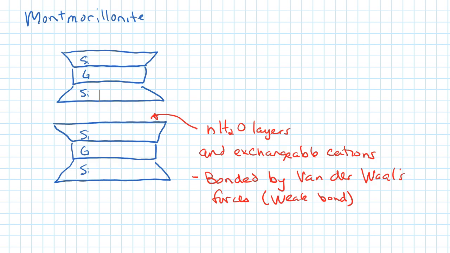These expansive clays can cause significant problems to the serviceability of the facilities that we're trying to build. So it's important to be able to recognize these types of clays and then understand how we can change their behavior.